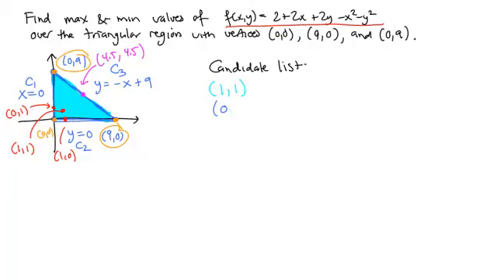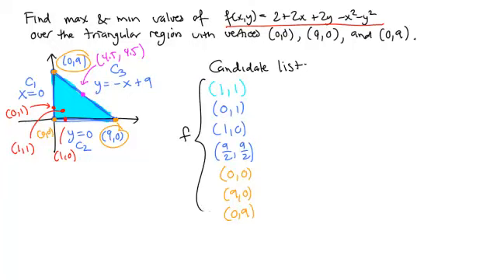We have the points 0, 1, 1, 0, and 9/2, 9/2, which we found by looking on the boundary curves. And then we have the points 0, 0, 9, 0, and 0, 9, which we found by looking at the corners.